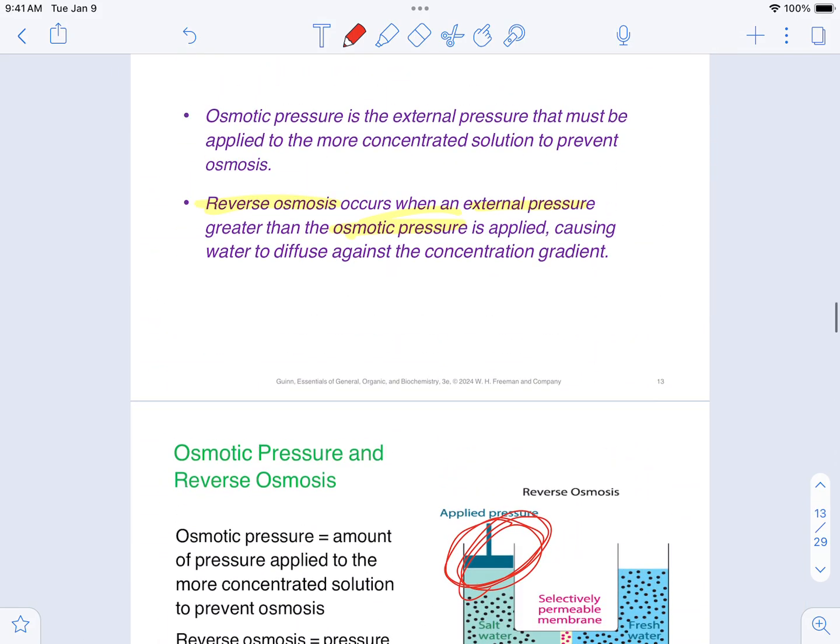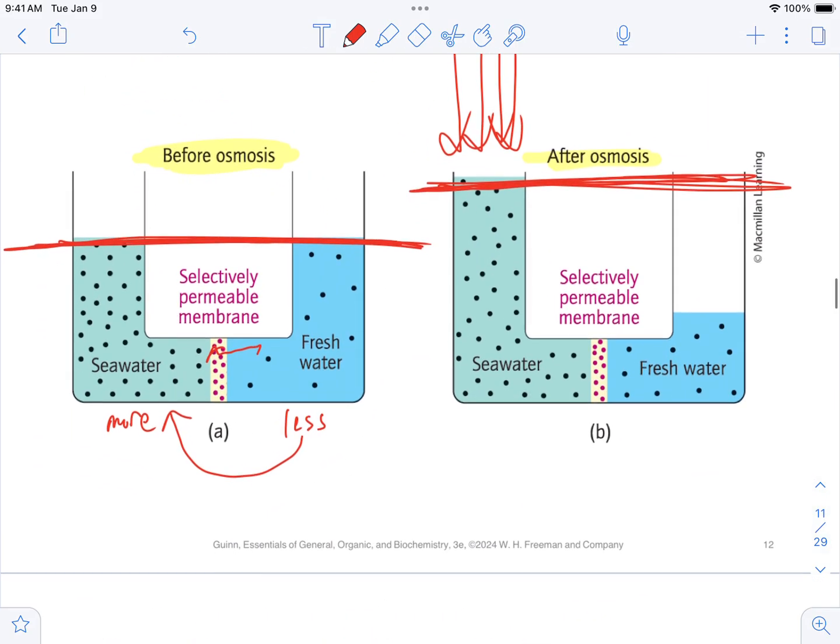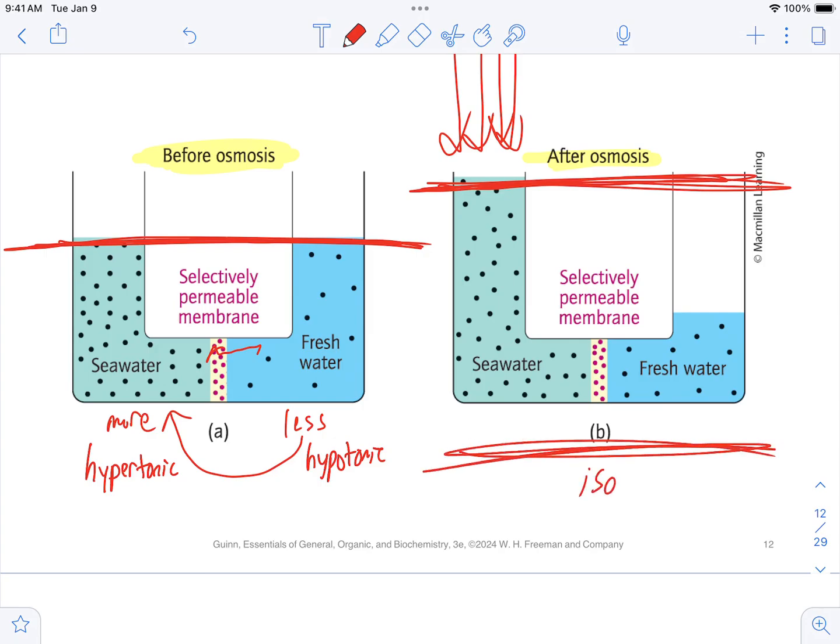So if we're looking back here, the more concentrated is called hypertonic. The less is called hypotonic. And when they're equal, after osmosis occurs, that's B here, they are both isotonic. Same concentration.